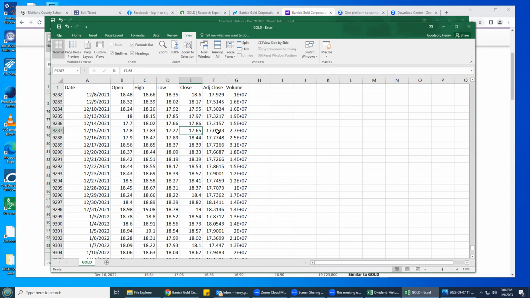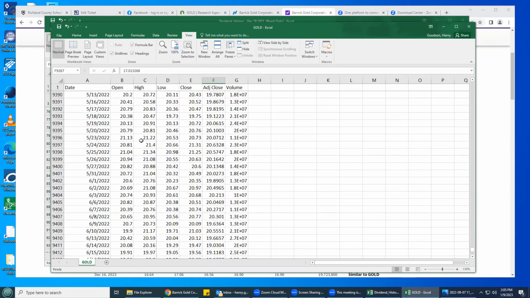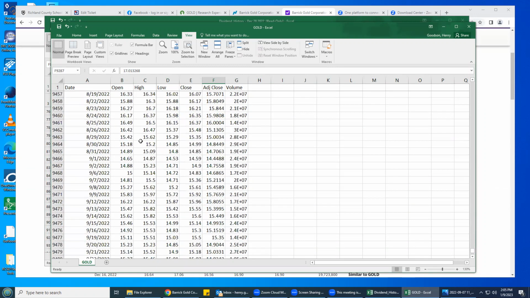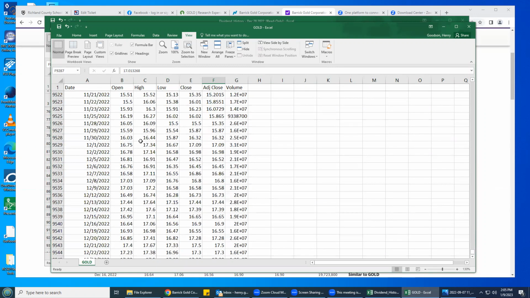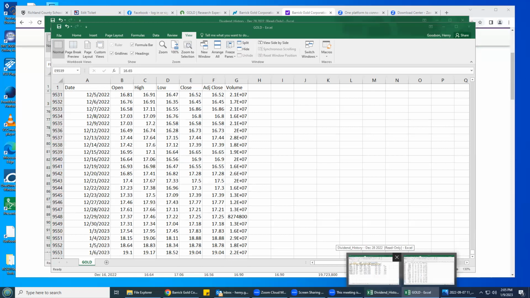I think we're probably supposed to use the adjusted close. But 12/15, that's 21. This is the hard part. I don't know how to do this automatically, but they match up, so that's good. So it doesn't matter. So it's 16/65.